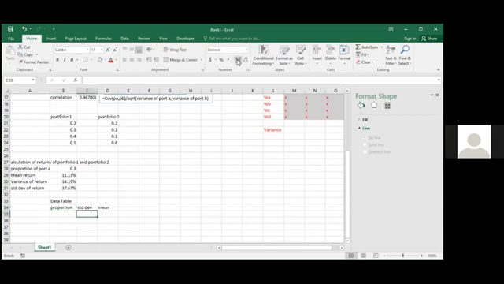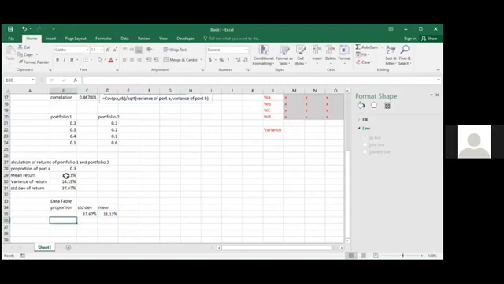So here equal sign, standard deviation is 37.67. Mean value is 11.13%.